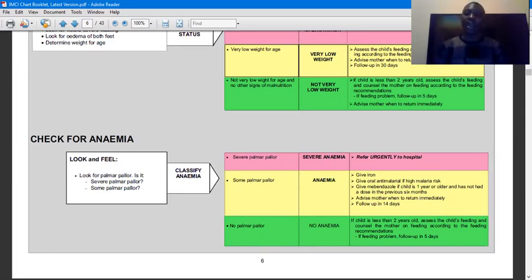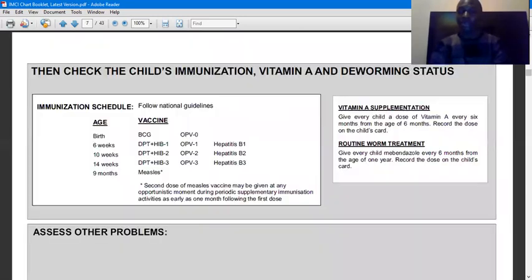But you need to learn how to answer a question for IMCI. That is when you are going to remember how to manage conditions according to Integrated Management of Childhood Illness. So for today, we are going to end here, and next time we'll look at a question for IMCI.